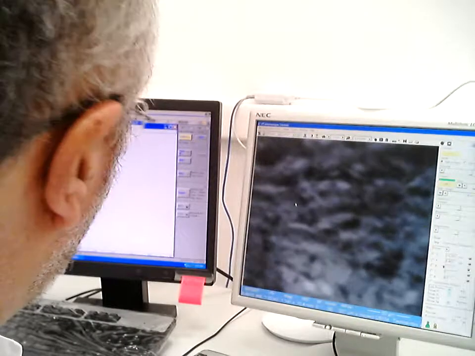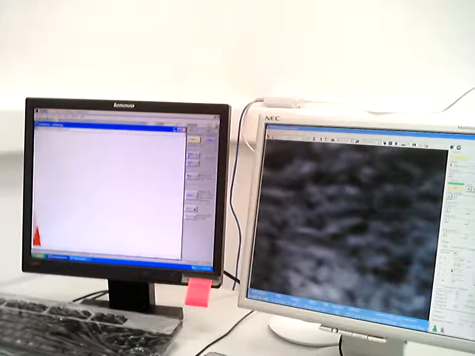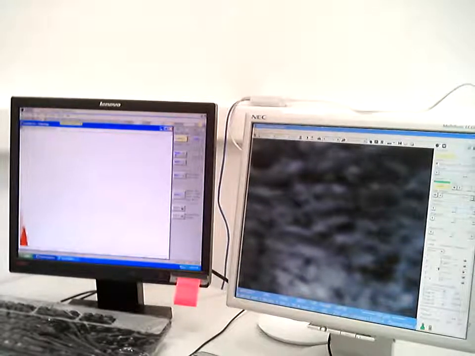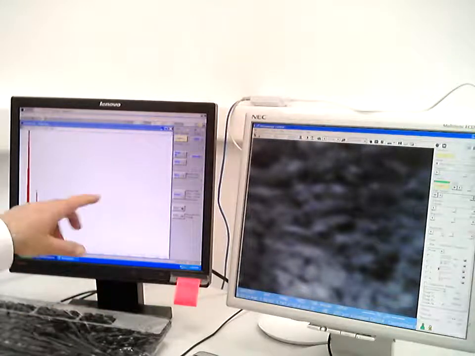Don't worry about the picture. You can look on the left here. Now this one, it says cobalt here, and there's carbon and oxygen. That means it's an organic material. So the cobalt is probably contamination.